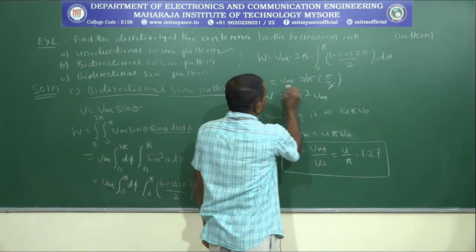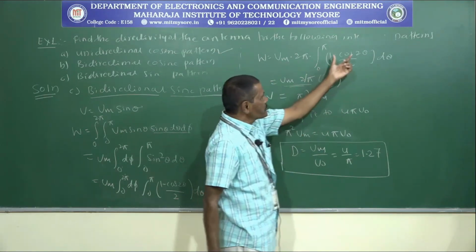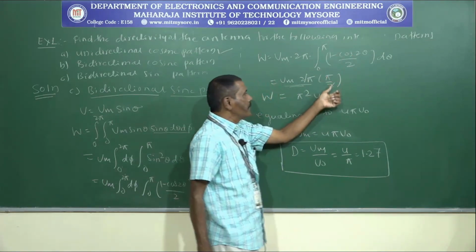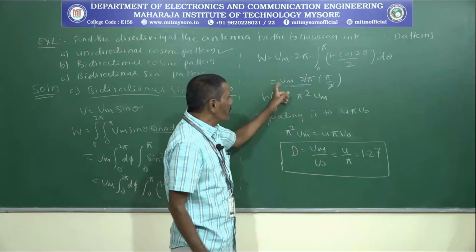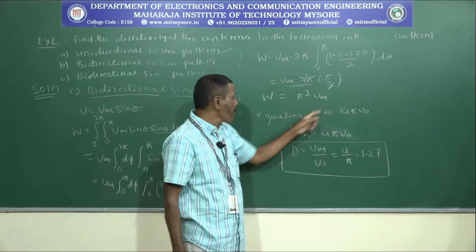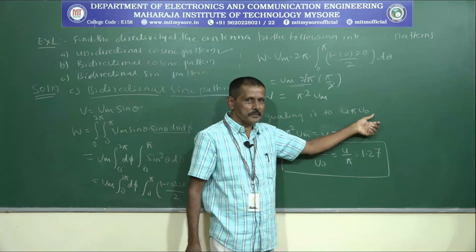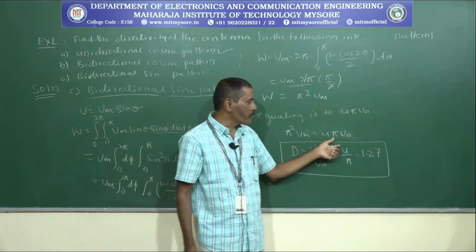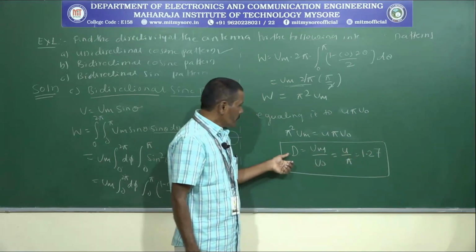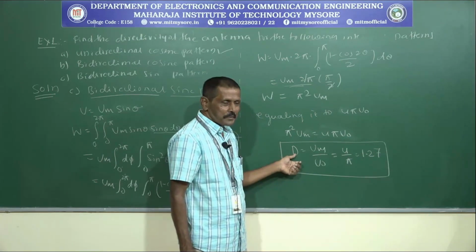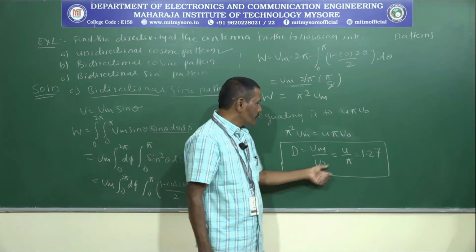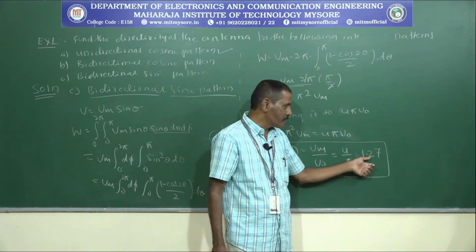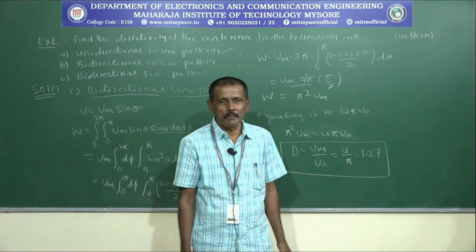From this term we get the value as pi by 2. Then the 2 and 2 will get cancelled. We are left with pi square, equating it to 4 pi U0. Then pi square equals 4 pi U0. Therefore, directivity D equals U divided by U0. So this is equal to 4 divided by pi, which is equal to 1.27.